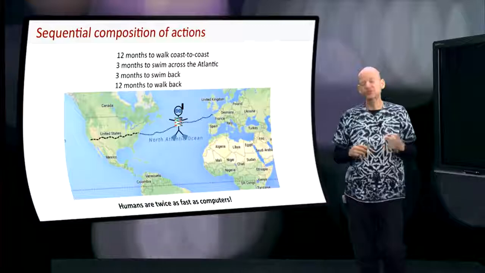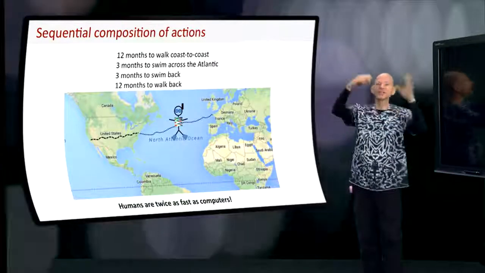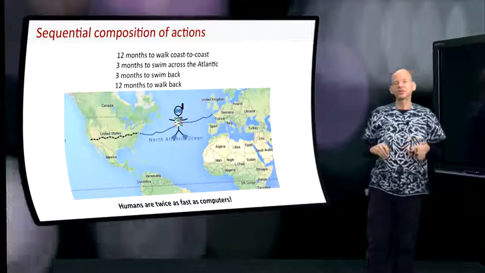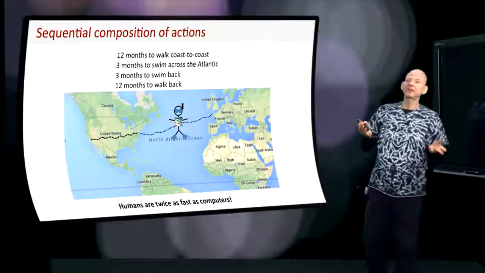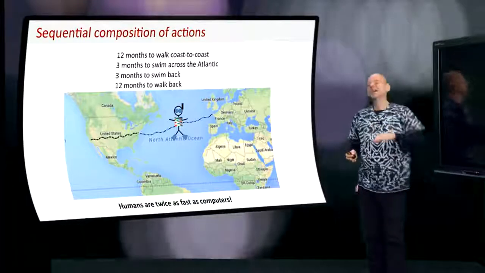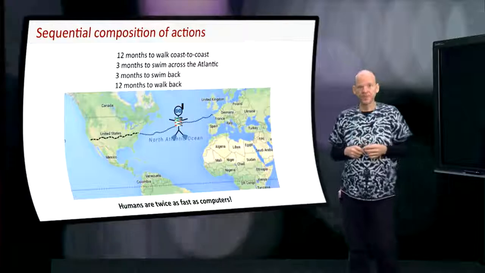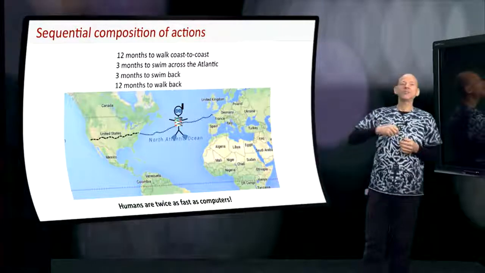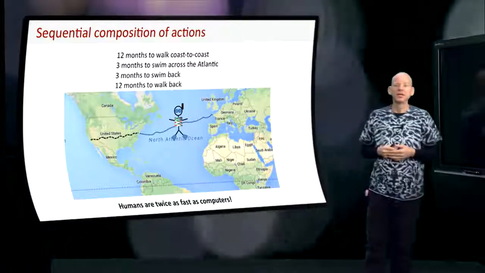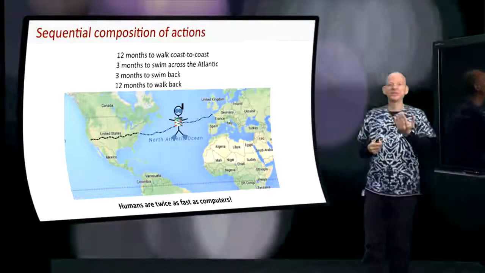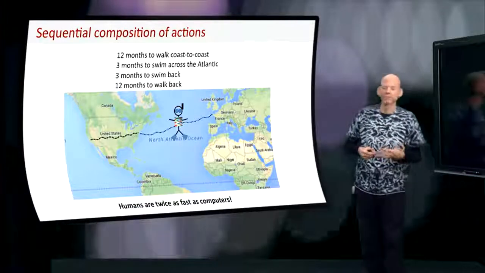But let's first show that we as humans are still superior to machines. There's now a lot of talk about the rise of AI and that we have to be really scared of computers. But I don't think that's that bad. Because apparently somebody has swum from Europe to the US, and that took about 3 months.